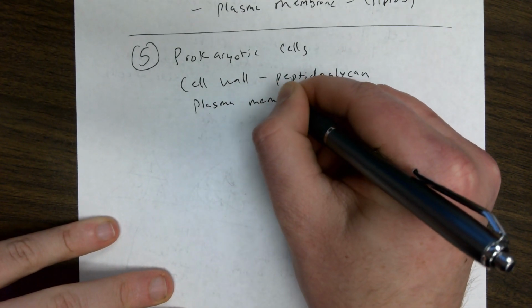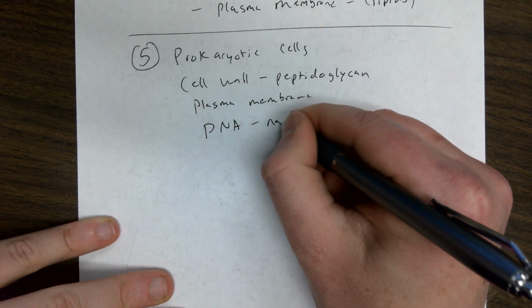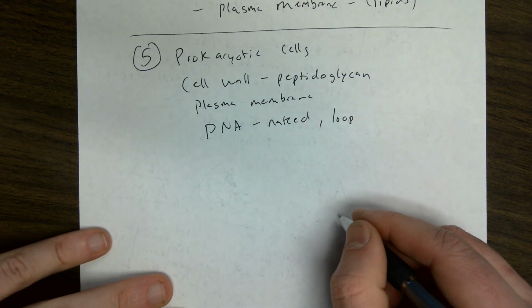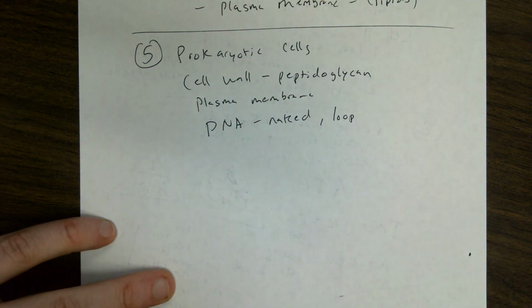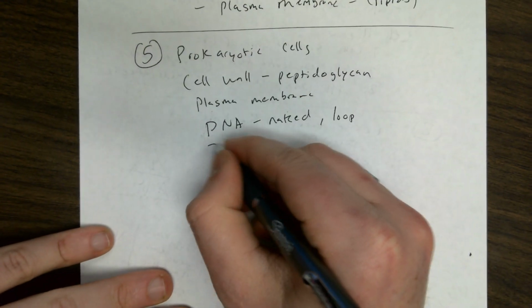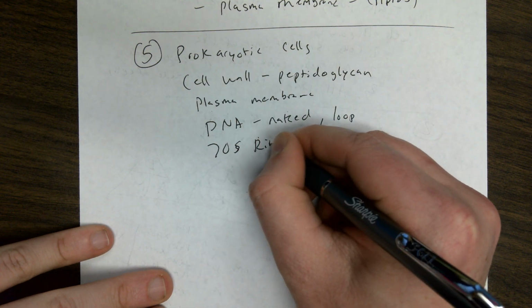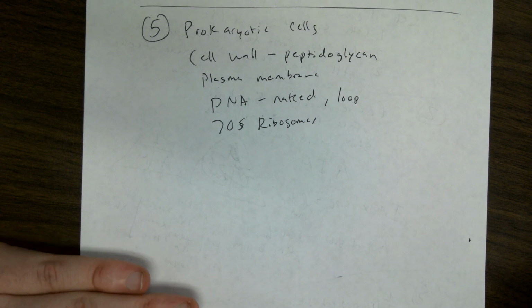Plasma membrane. They have DNA, but they have special DNA. It's naked, and it's found in a loop. So it's not linear, it's in a loop. That loop doesn't have to necessarily be a perfect circle. 70S ribosomes. That refers to the size. They're different ribosomes than in eukaryotes.